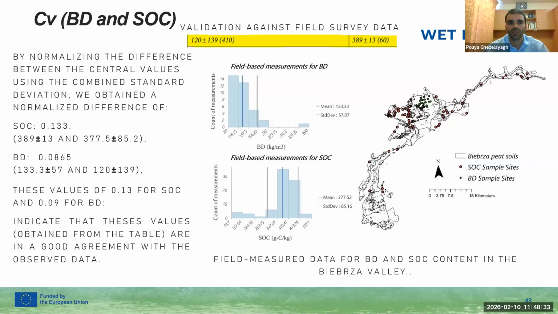By normalizing the differences between the central values using the combined standard deviation, we indicated that these values obtained from the table are in good alignment with the observed data. And as you can see, they are much closer to the real observed data than those of the fixed values of 80 and 55%.